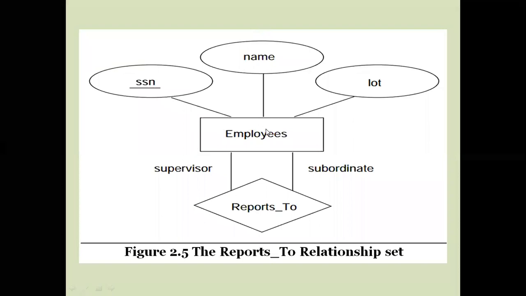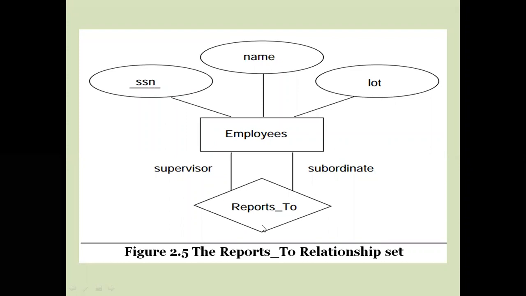Reports relationship means the same employee entity plays different roles. For example, one person plays the role of supervisor, and another person plays the role of subordinate. So one employee reports as a supervisor, another employee reports as a subordinate.